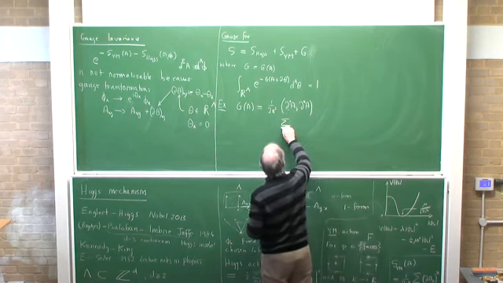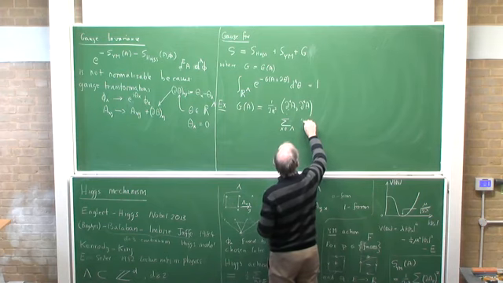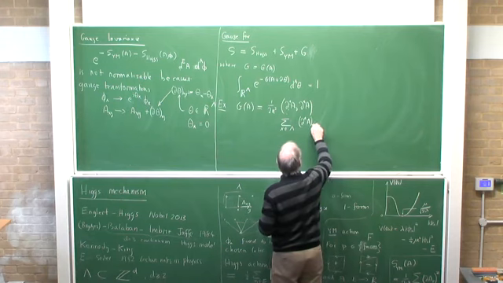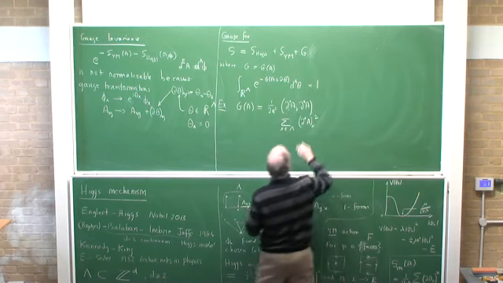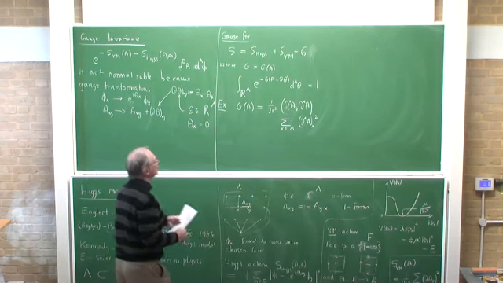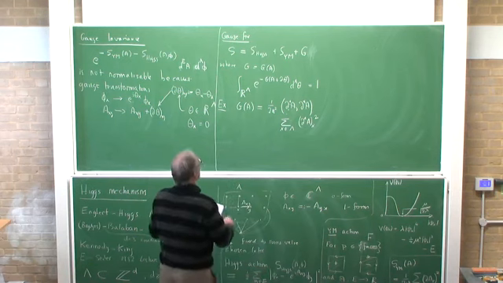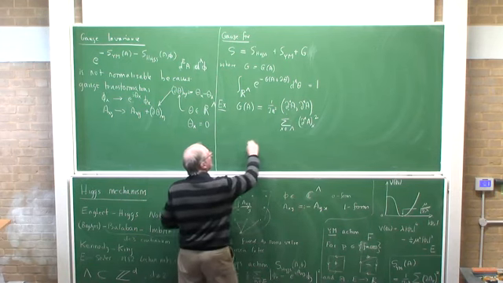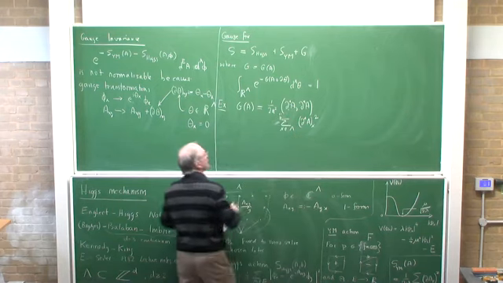So it would mean sum over vertices in lambda, sites in lambda, of d star a, and since it's an inner product, I would just say it's just the square. So it's like a little L2 inner product, and by definition equals this thing.